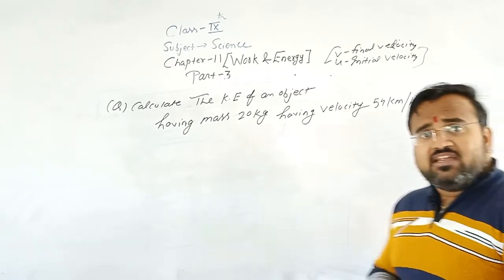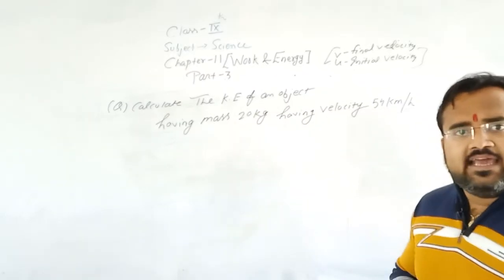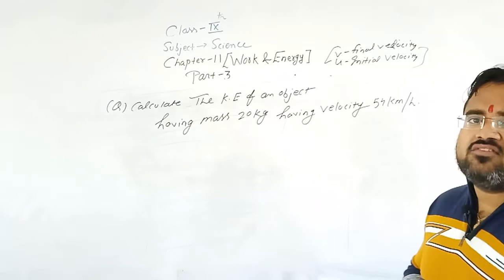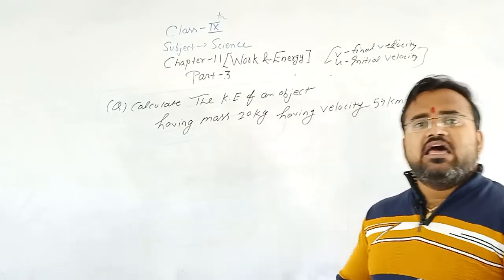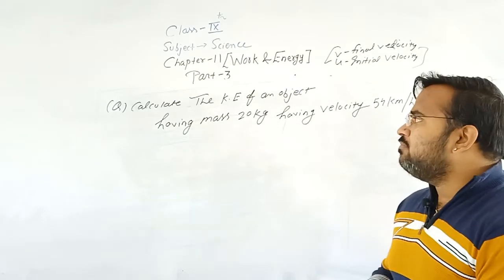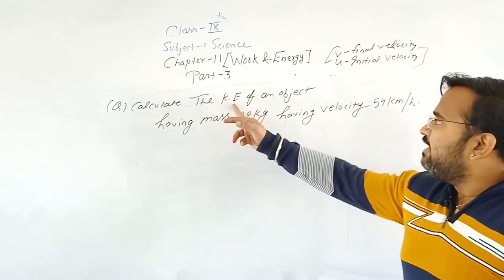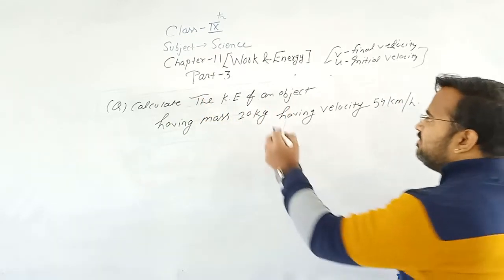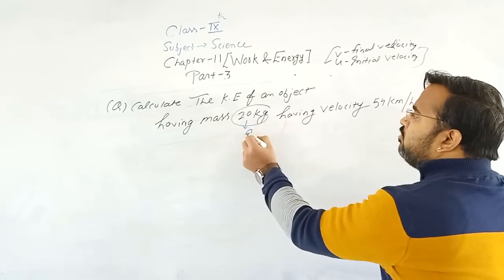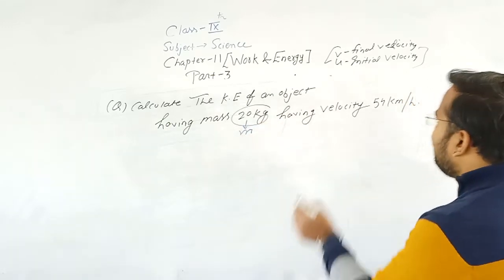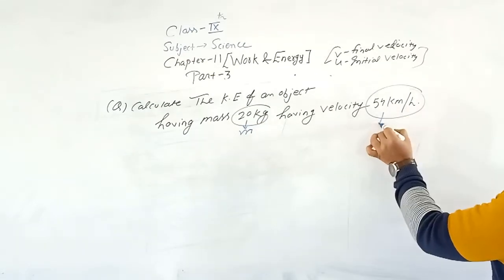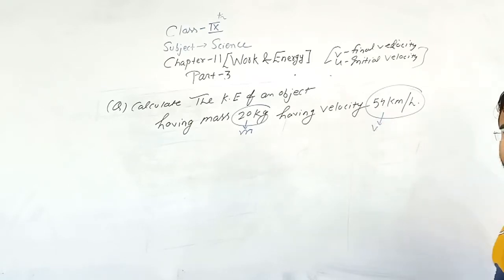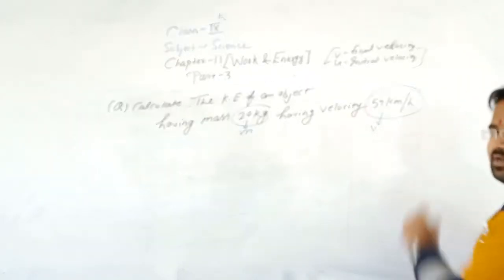As we have derived the formula for kinetic energy, that is half mv square, based on that formula we'll solve one numerical. Calculate the kinetic energy of an object having mass 20 kg, that is m, the value of m is given, and having velocity 54 kilometer per hour.